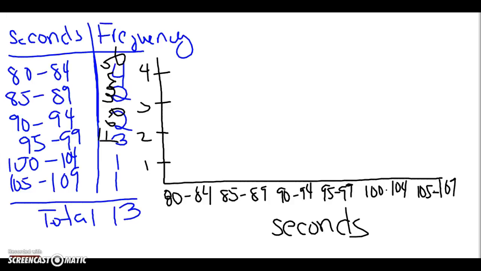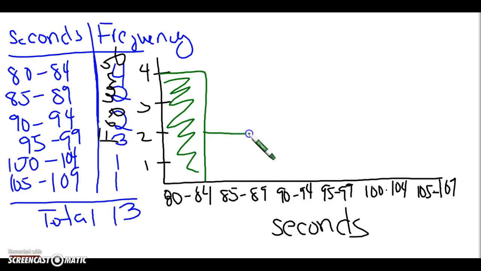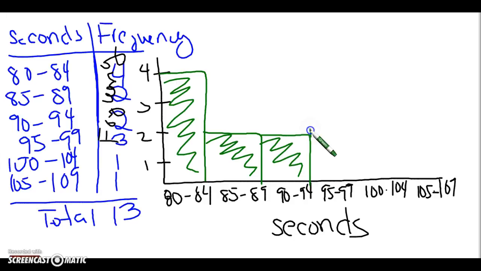So now the first one, 80 to 84, there were 4. So it's going to go all the way here, and of course, it's shaded in. 85 to 89, there were 2, so it's going to come here. They're supposed to be the same length, but of course, I'm doing it freehand, so I can't guarantee that. 90 to 94, there were 2, so that goes there. 95 to 99, there were 3, so it's up 1.